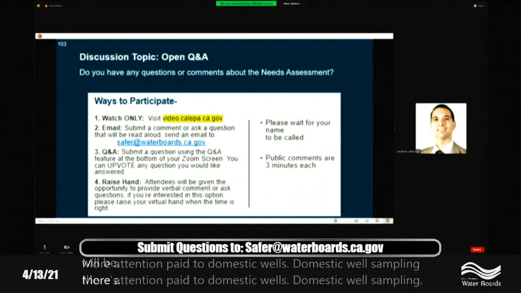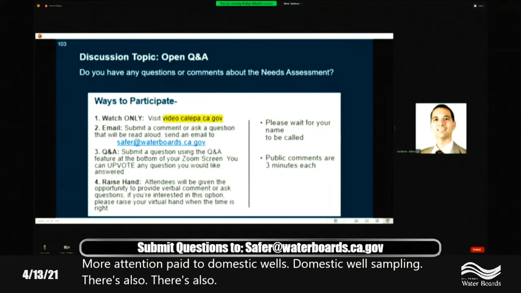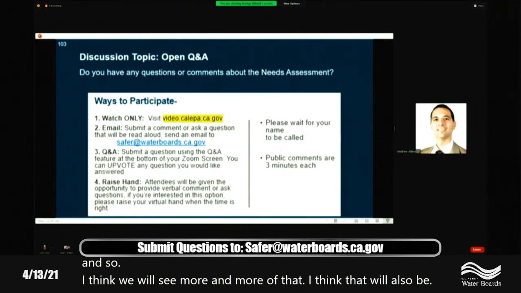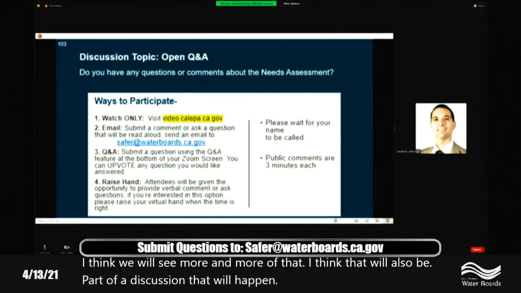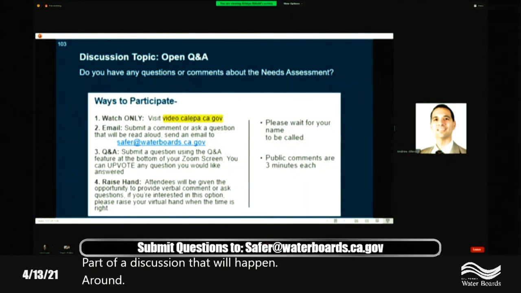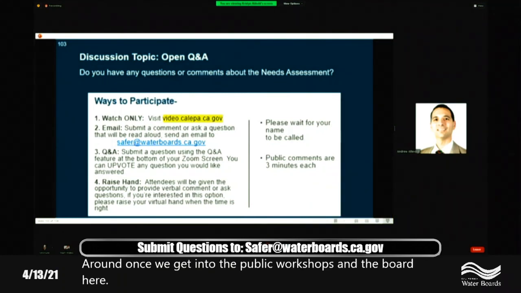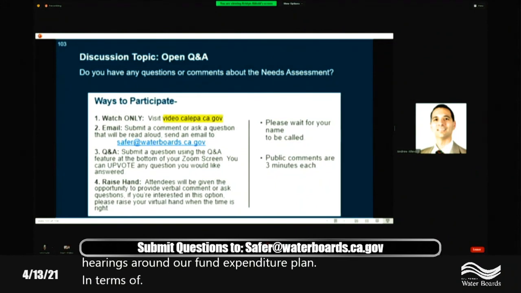There's also been some efforts in the Central Coast, and so I think we will see more and more of that. I think that'll also be part of a discussion that'll happen once we get into the public workshops and the board hearings around our fund expenditure plan, in terms of how we can best address domestic wells.